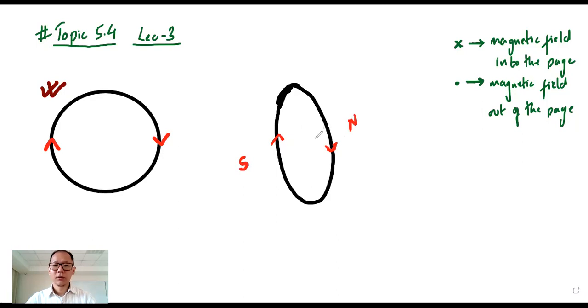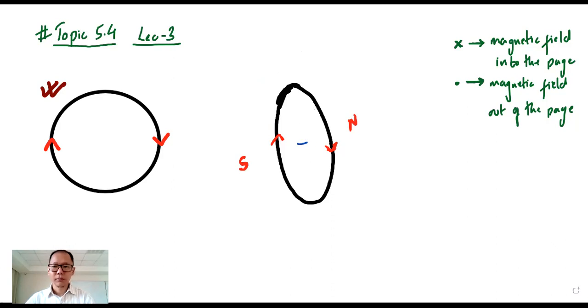Now, we all know that in a magnetic field, the field always goes from the north to south. So in this case, the magnetic field is in such a way that it circles the wire like so.